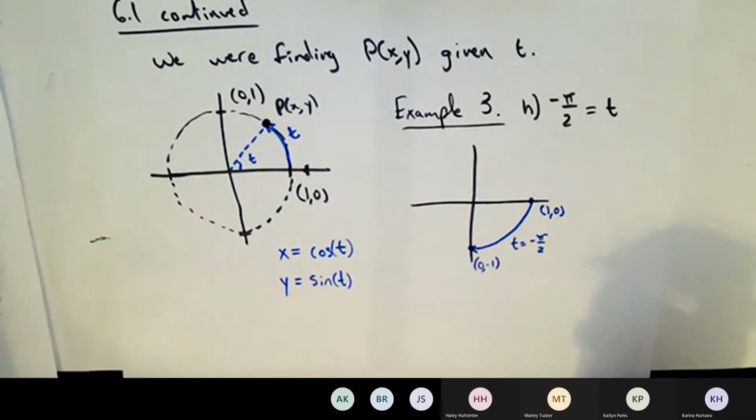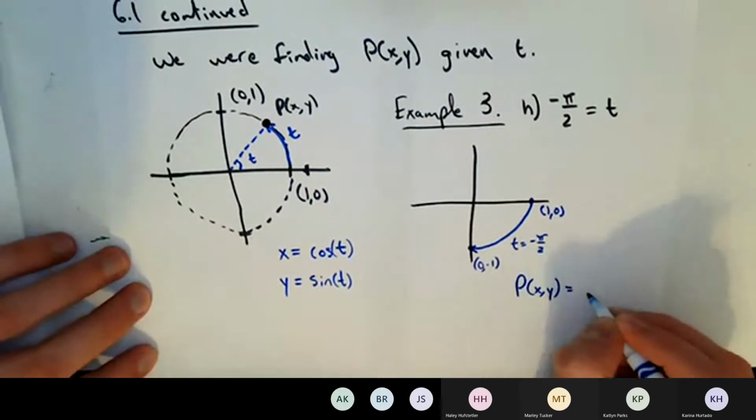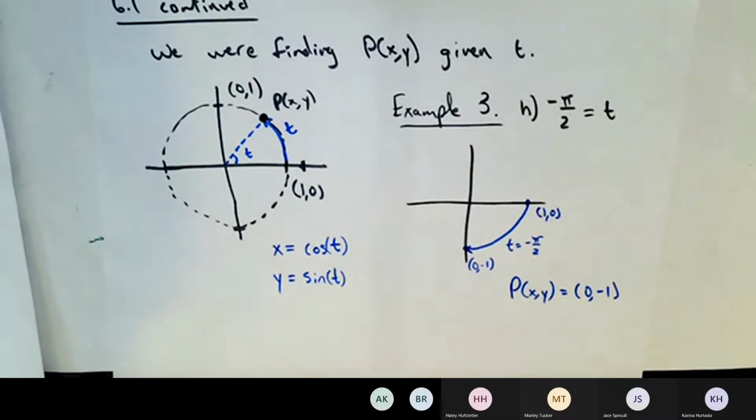That's all we need to do there. So P of xy, just by knowing that we're landing on the negative y-axis, is 0, negative 1.